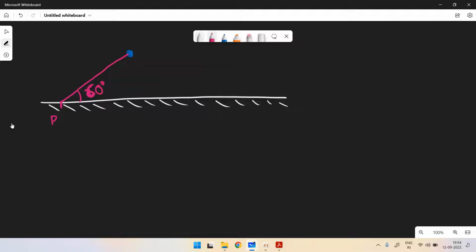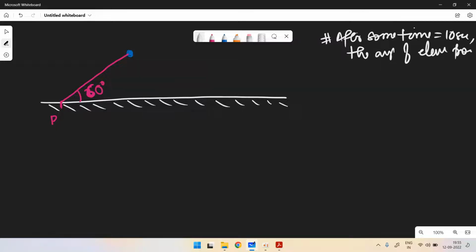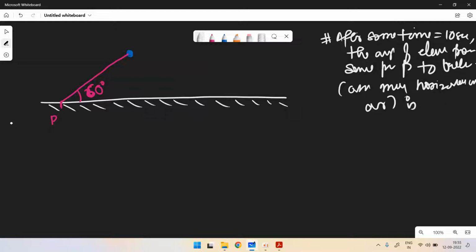Okay. Now it is given that after some time, let's suppose 10 seconds, the angle of elevation from the same point P to the balloon, assumed moving horizontally in air, is 30 degrees. First, you need to find the speed of the balloon.